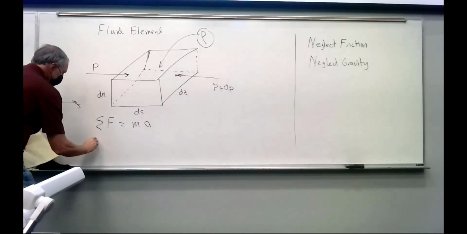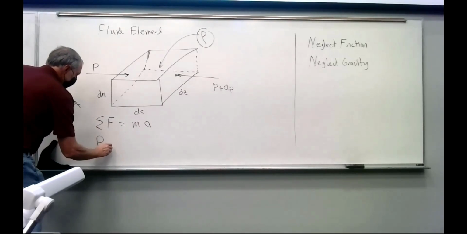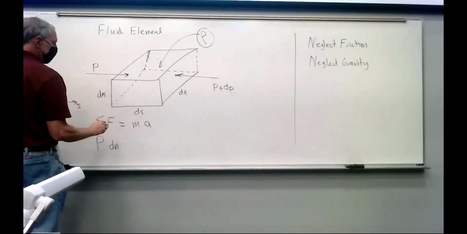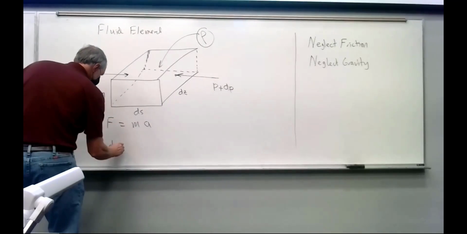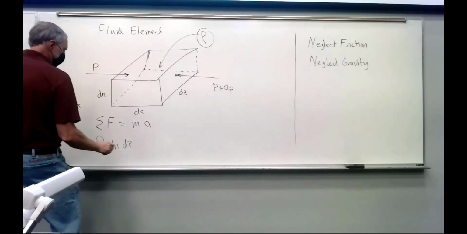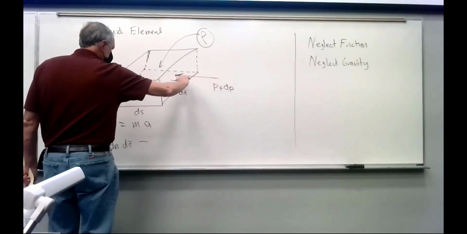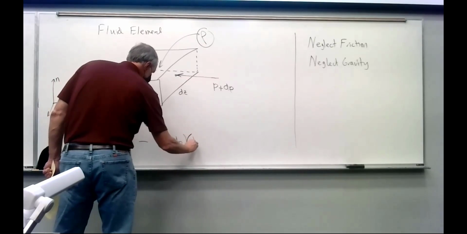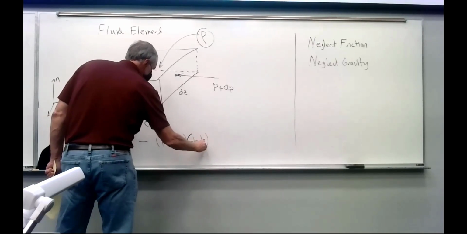So that's what we're going to do down here. We have P acting forward. We have to multiply it by dN and dV. That's the area of this back space. And then we have this pressure acting backward. So that's dN dV.